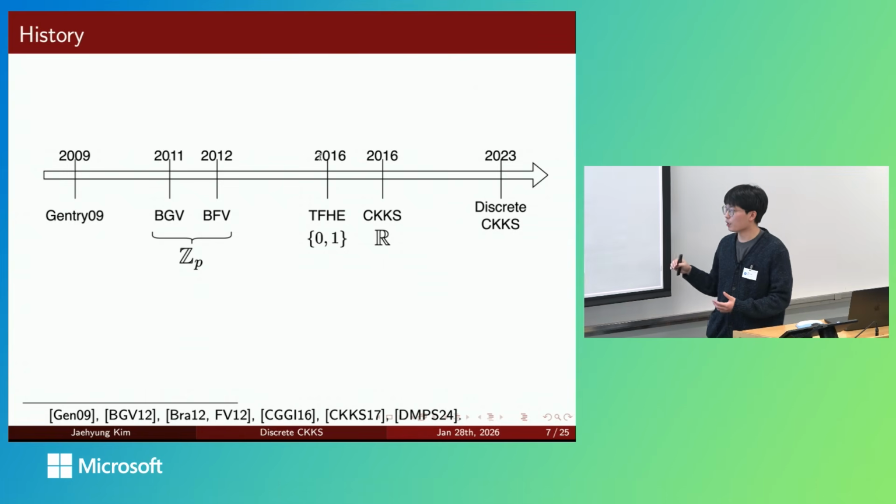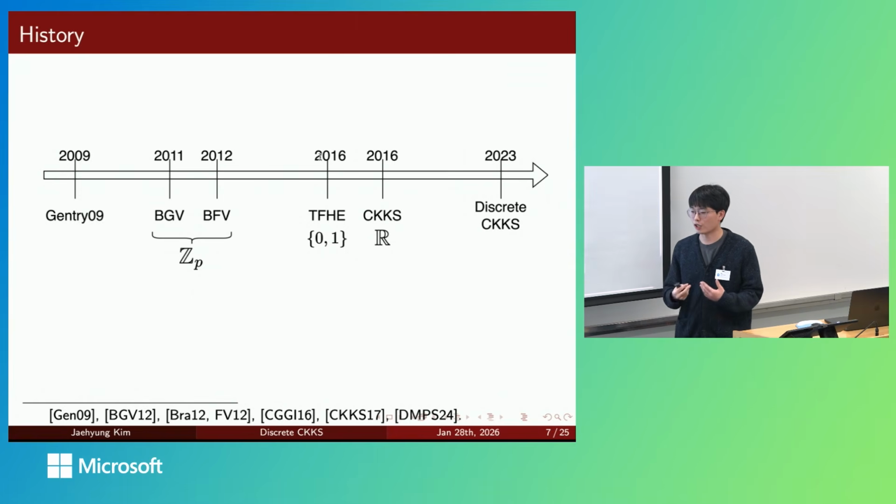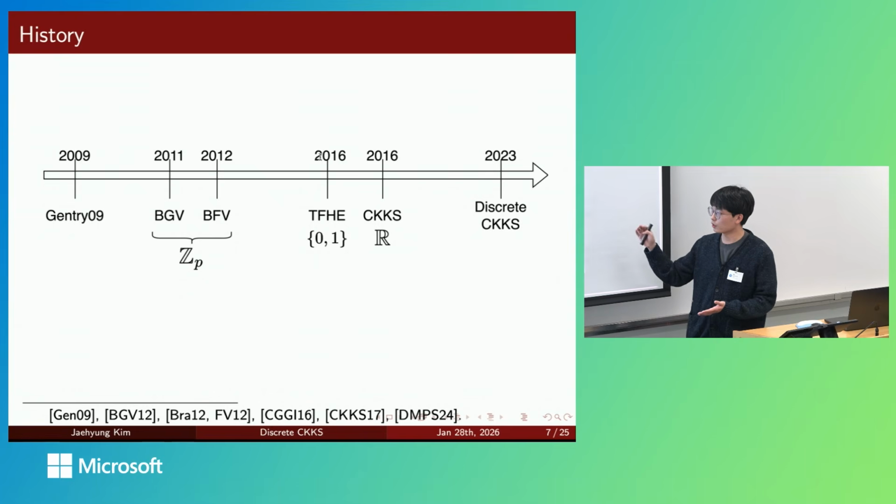The other improvement was in changing the plaintext space. There was a scheme called CKKS, which natively works over the real number space R, still in a vectorized format.